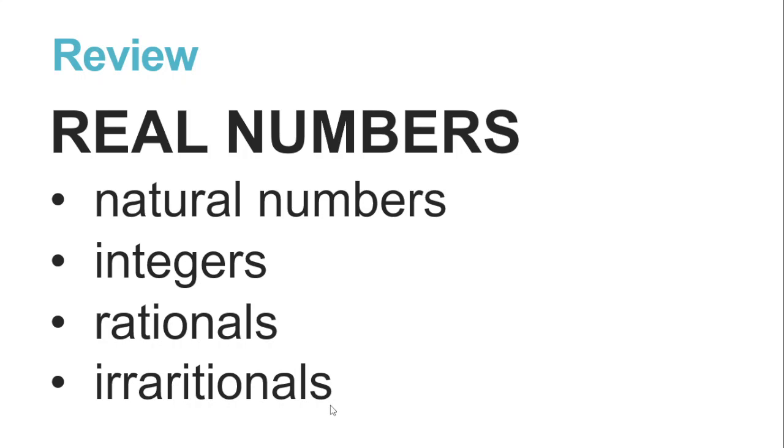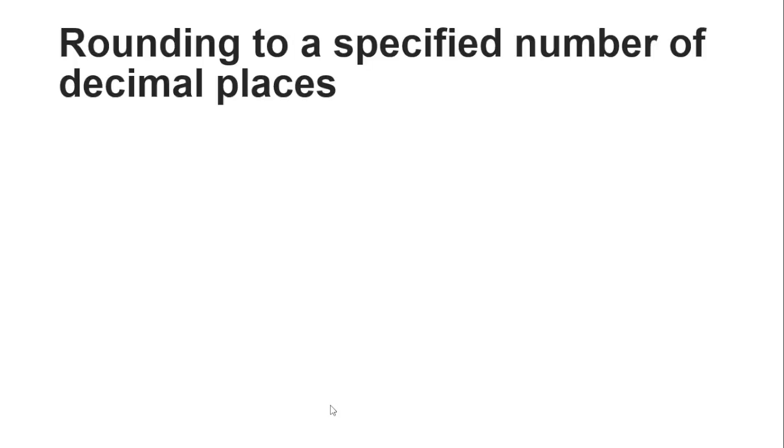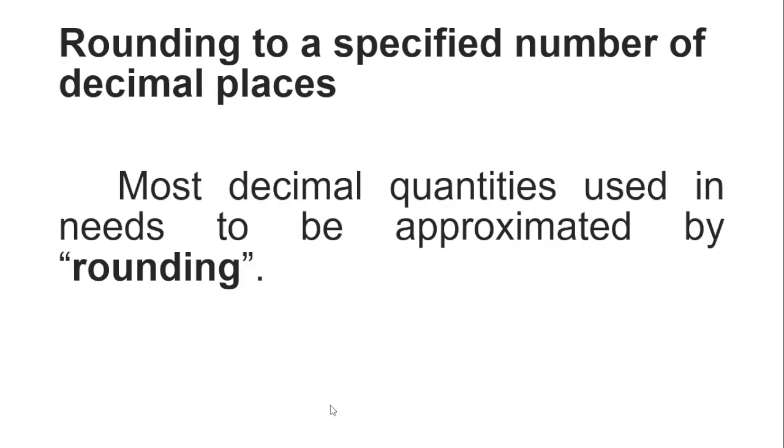So what we're going to talk about today is the decimal, specifically rounding to a specified number of decimal places. Most decimal quantities used in scientific work need to be approximated by rounding.